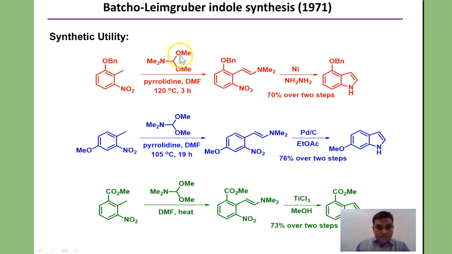In both cases it is offering one carbon atom, and there is the same starting material, orthonitrotoluene, and then reductive cyclization is required for both methodologies. There was an orthonitro pyruvate ester, here is an orthonitro enamine type of compound, a nitrostyrene type of compound, and then after reduction it undergoes cyclization. So this similarity has to be observed very carefully as far as the Reissert synthesis and the Batcho-Leimgruber indole synthesis are concerned.